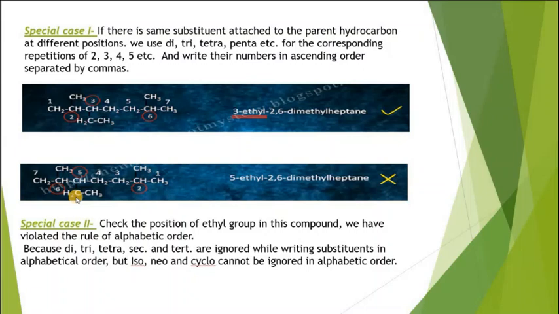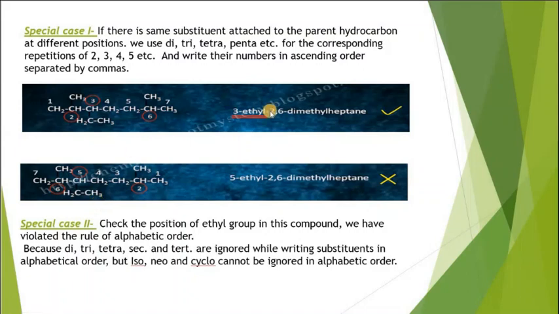So you can now apply the sum of locants rule, or sum of substituents rule, here, and you would see if you add the numbers of the substituents, 2, 6 and 3, it will give a sum of 11. And if you add 6, 2 and 5, it is going to give you a sum of 13. So this numbering will not be followed.